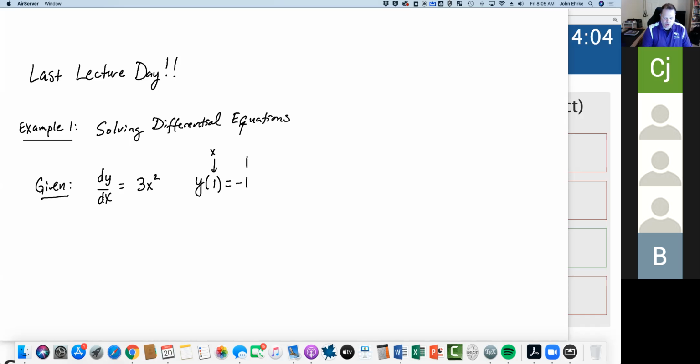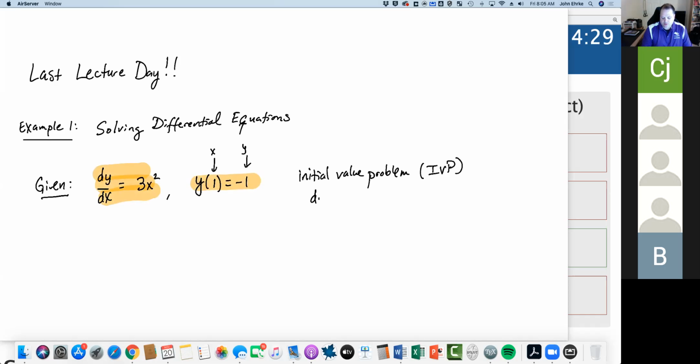These two pieces of information together, an equation that relates a curve with the curve's slope and a point, together form what we call an initial value problem, also referred to as an IVP. That's a part of what we call a differential equation.